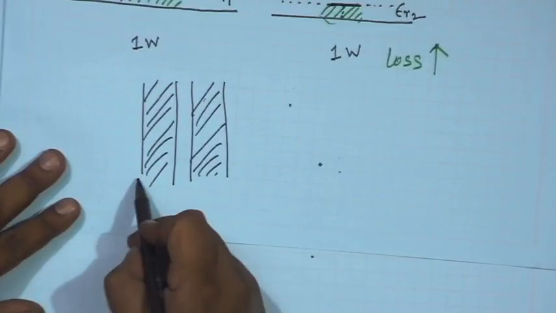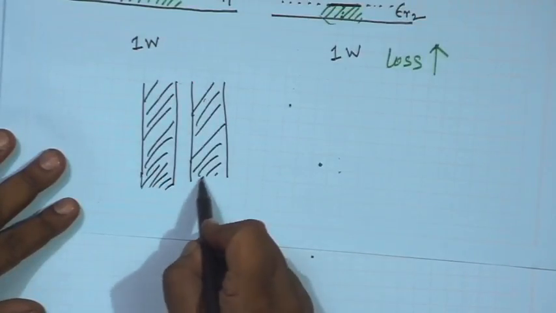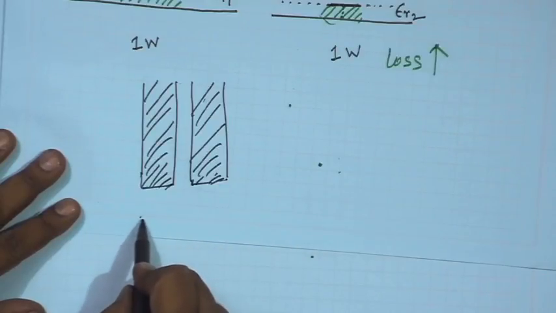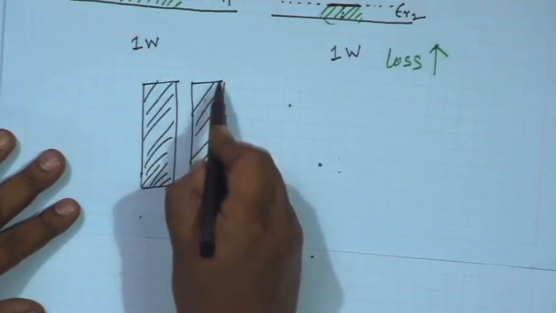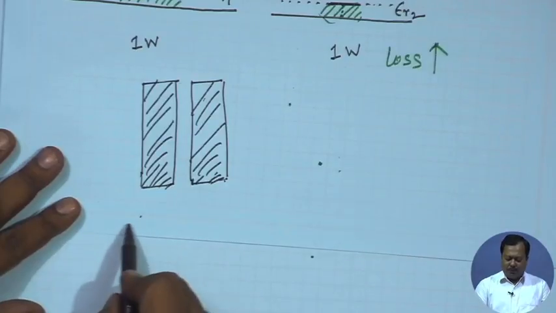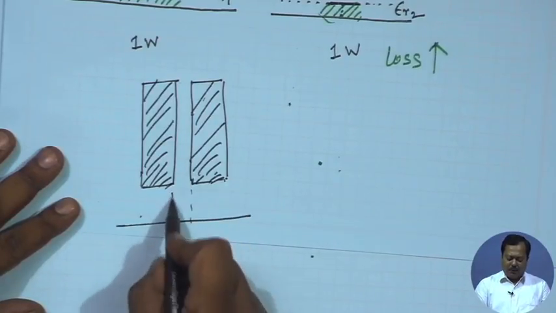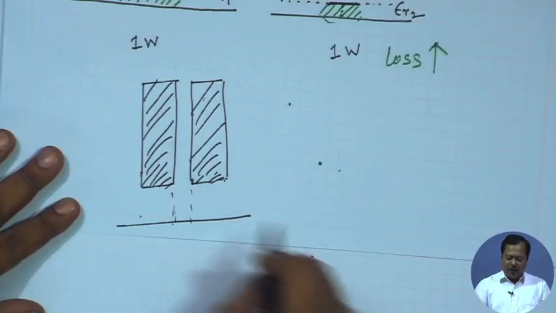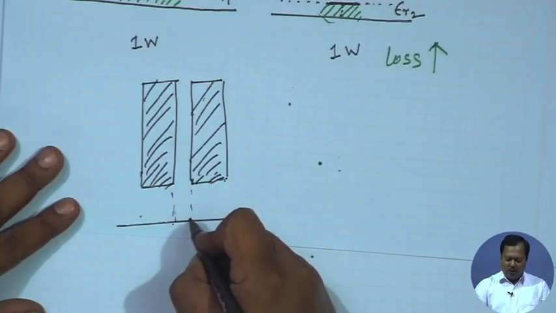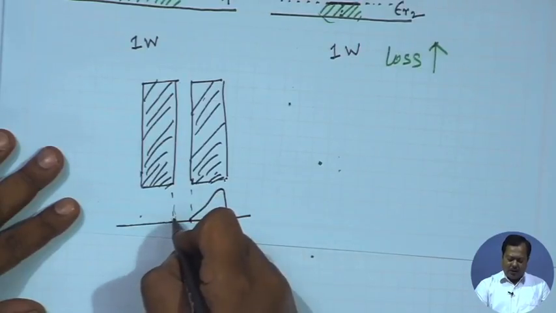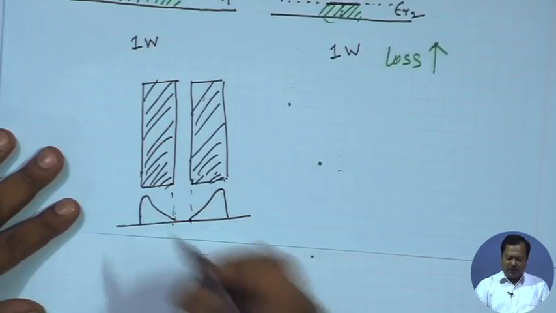Now, if I plot the surface current density component on the left strip and right strip for even mode and odd mode, they will have different variation. In even mode, this current will be more concentrated on the outer edge.